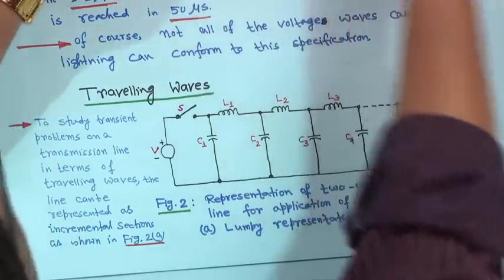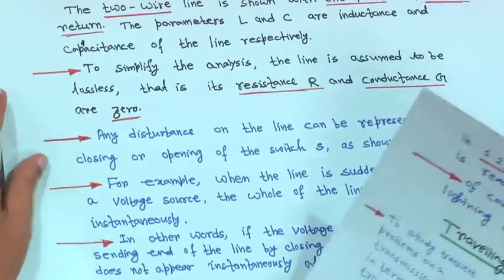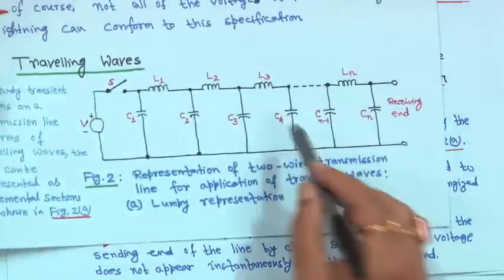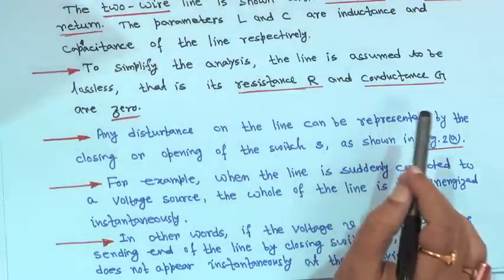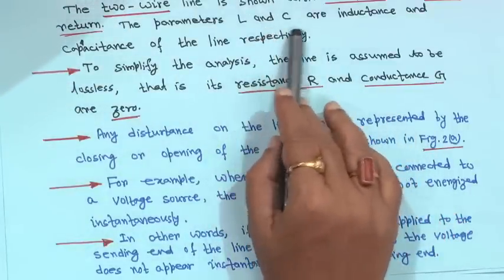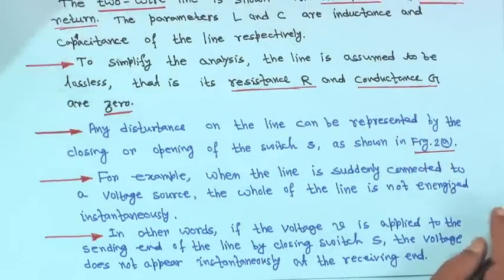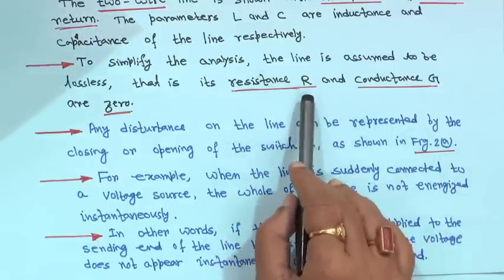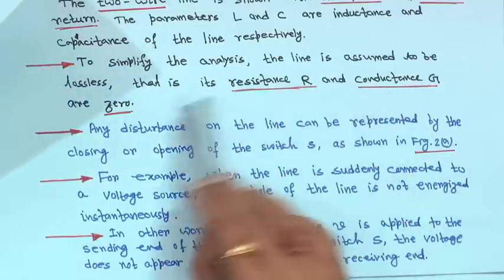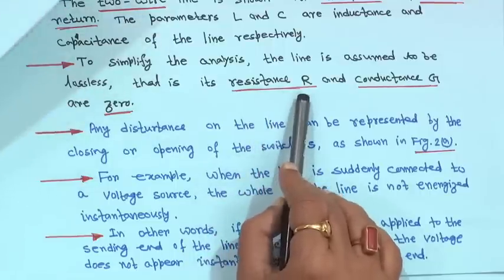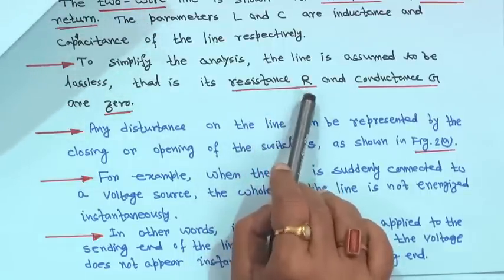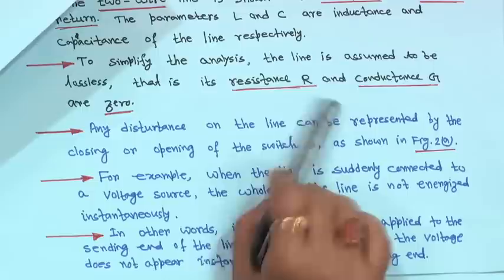In this case the 2-wire line is shown with one phase and neutral return. The parameters L and C are the inductance and capacitance of the line respectively. To simplify the analysis, resistance R and conductance G are assumed to be 0, that is, they are neglected just for the purpose of explanation.